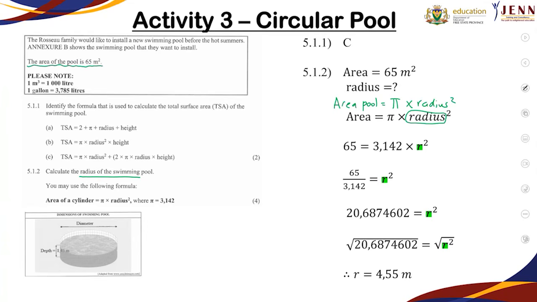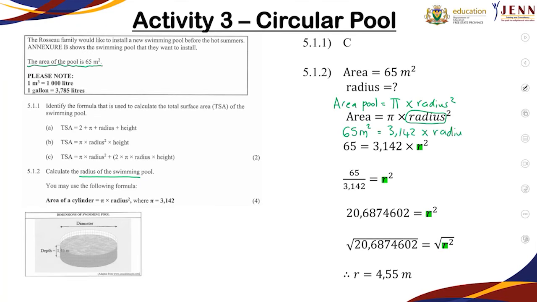And they want us to calculate what? The radius. How will I get to the radius? Now, this is what I was talking about, changing the subject of the formula. Okay, so let's substitute into the formula.